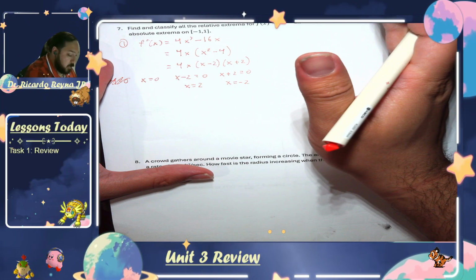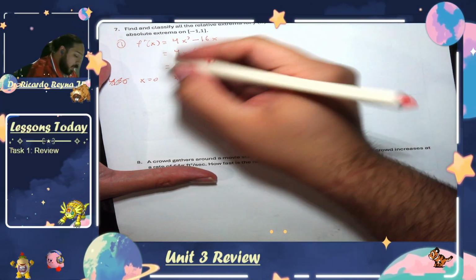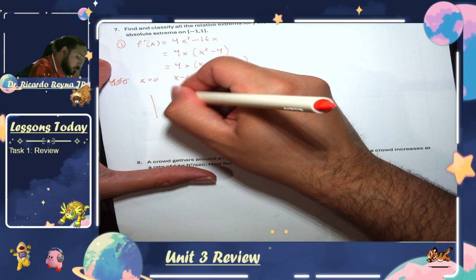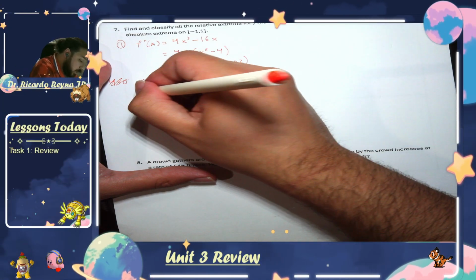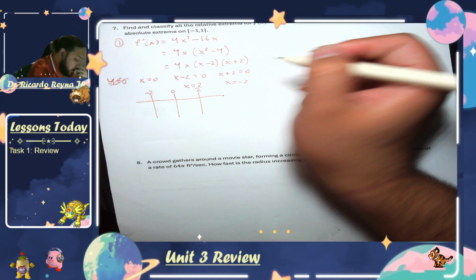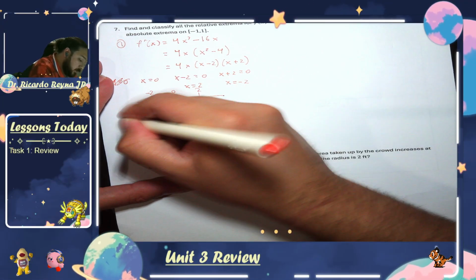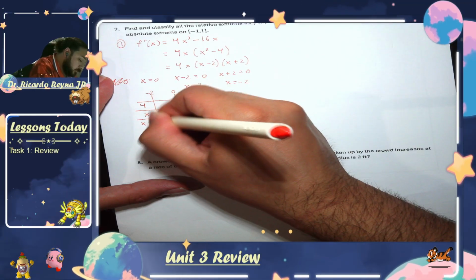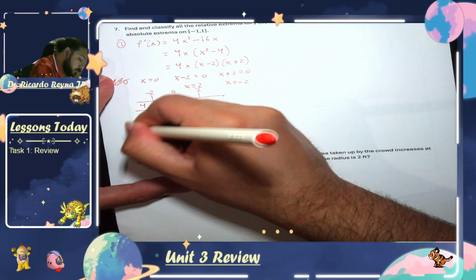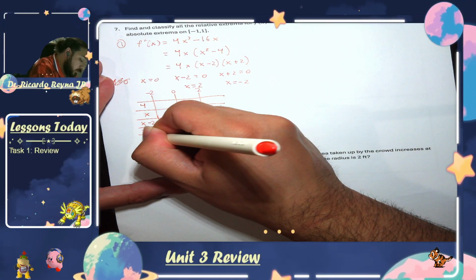So keep that in mind. Because there are critical points, we can go ahead and do the sign table with negative 2, 0, and 2, for the 4, the x minus 2, the x plus 2, and then the function as a whole.